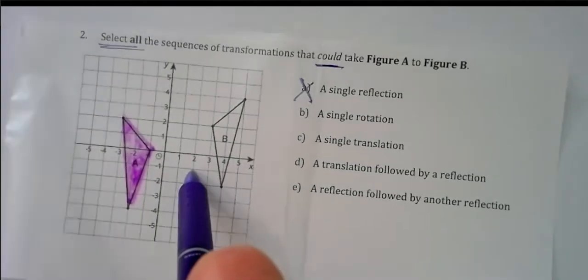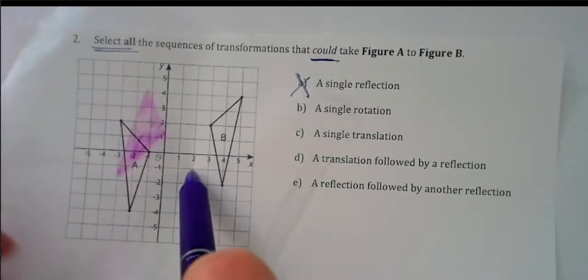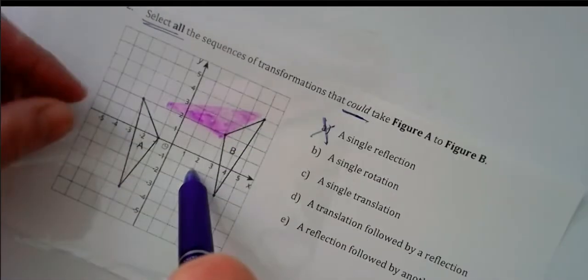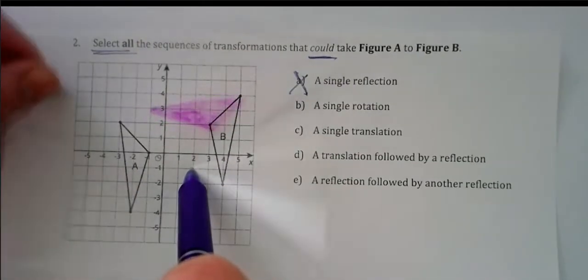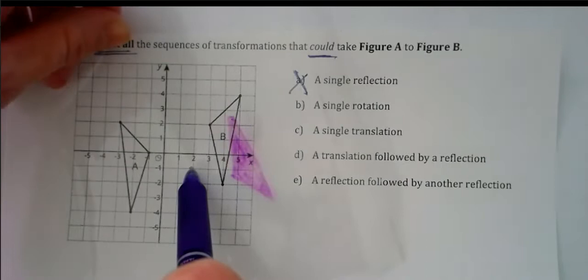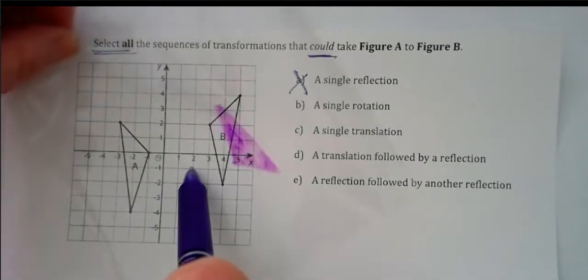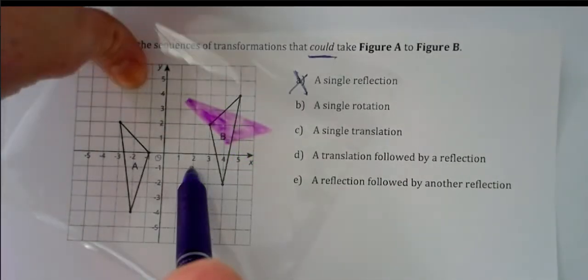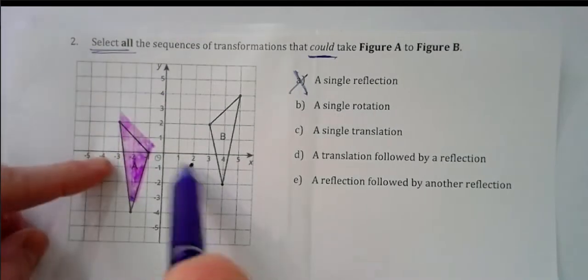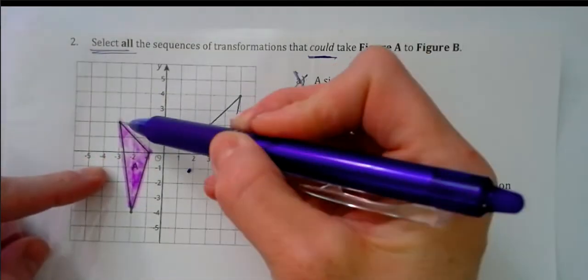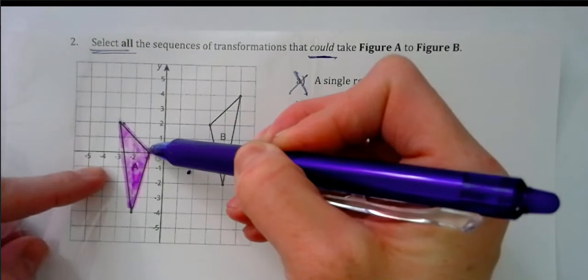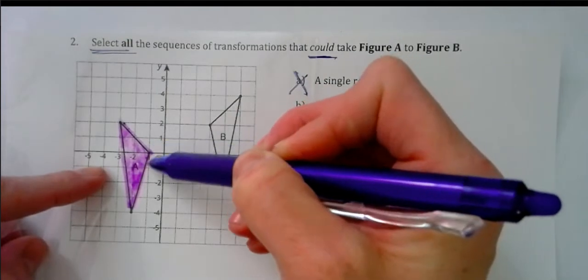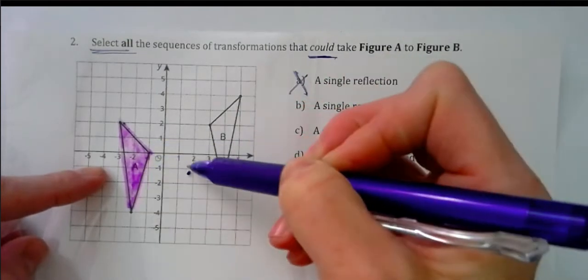A single rotation. No matter where I put my pen, it won't rotate. That's because if we look at the sizes of everything here, do you see how this is the short side and this is the long side?